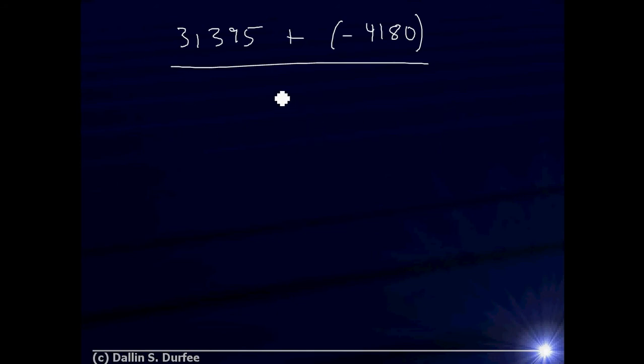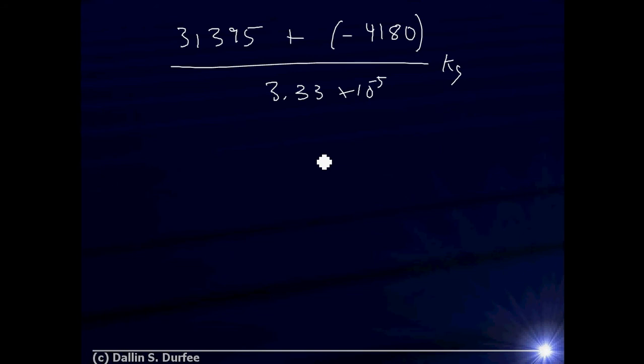And then I'm going to divide this by 3.33 times 10 to the 5th, and my final units will be kilograms. All right, so if I do this, I'm going to take 31,395, subtract 41. My fingers are too big on this calculator. I apologize. Let me try this again. So 31,395 minus 4180.